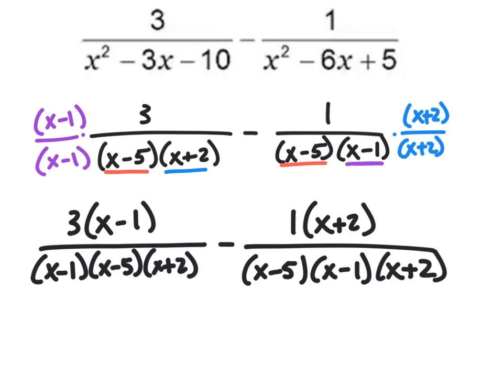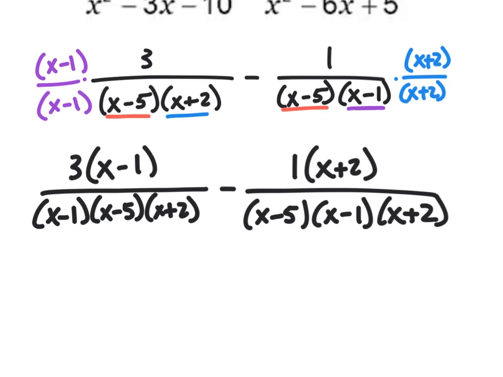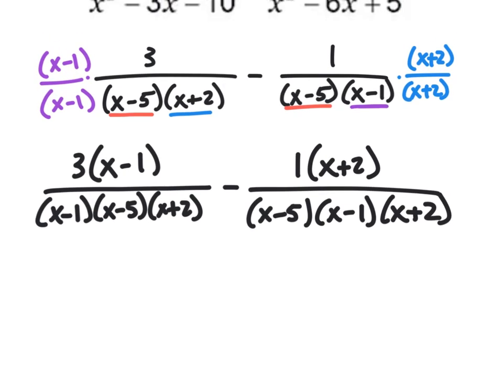So what you notice here, once you factor these and you realize what you have in common versus what you don't have in common, multiply the other side by the one that you need to make sure that you have all three of the same factors. So I have x minus 5, x minus 5, x minus 1, x minus 1, x plus 2, x plus 2. So now that I have common denominators, I can write all this as one fraction, okay?